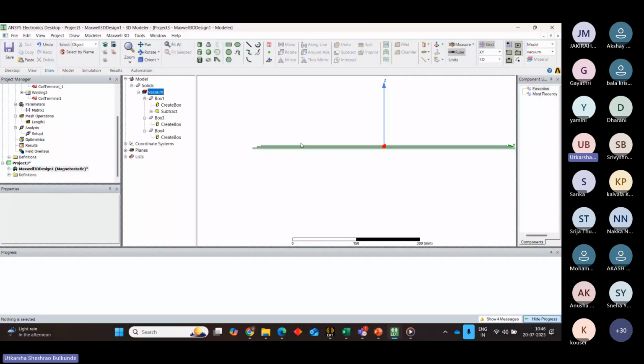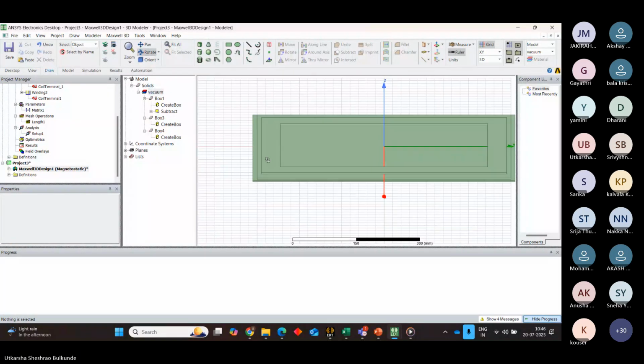Can you see? You got your coil. So this is the copper coil, this is the ferrite, and this is the aluminum block.